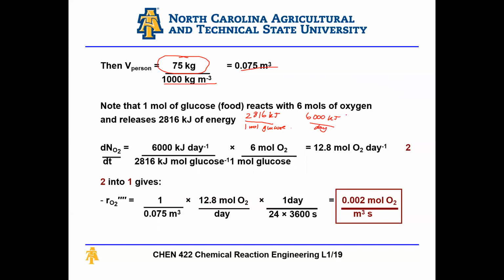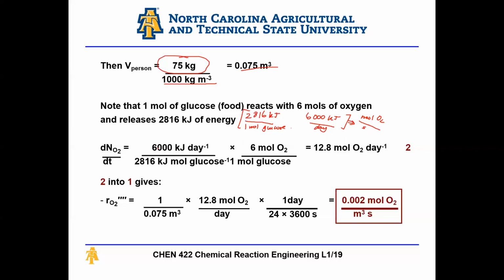I want to convert these two elements into a form which will give me moles of oxygen per second. So first step is I need to change this into moles of glucose per day, and then I'm going to convert the glucose to oxygen and then convert the days to seconds.